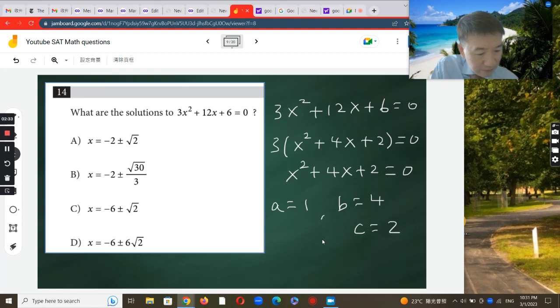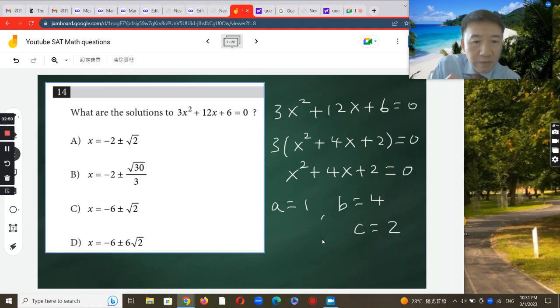So the coefficient of x squared, implicitly there's an a here, and this is a 1. Implicitly there's a 1, and this is coefficient b, which is 4, and this is the constant 2, which is c. We used the variable c to represent this constant.